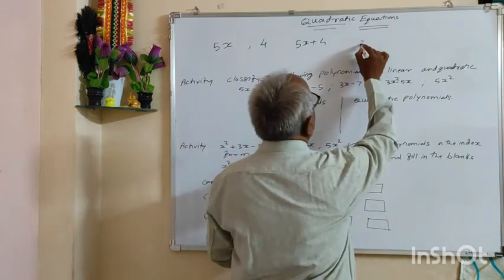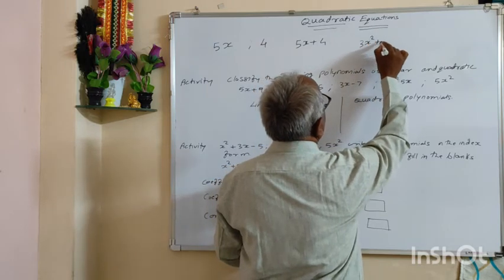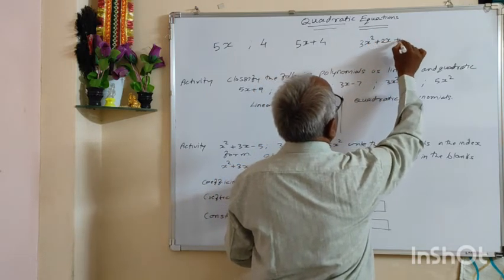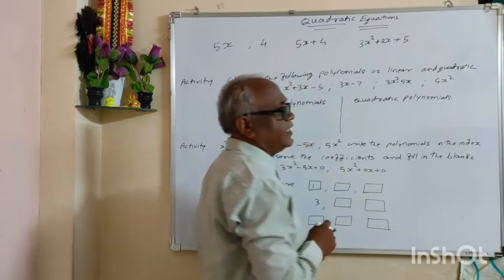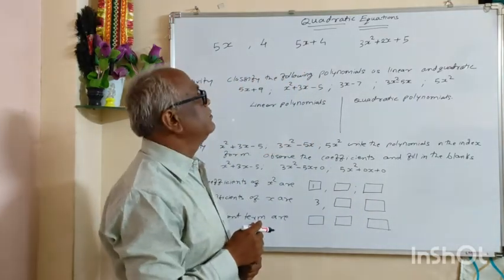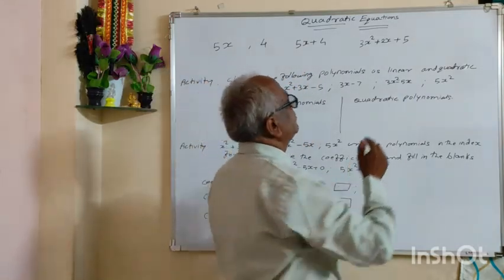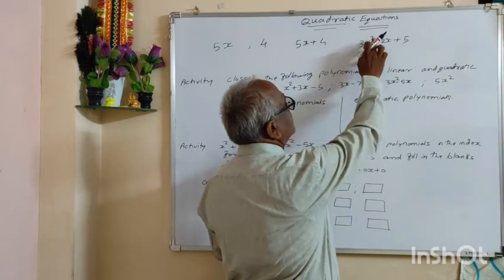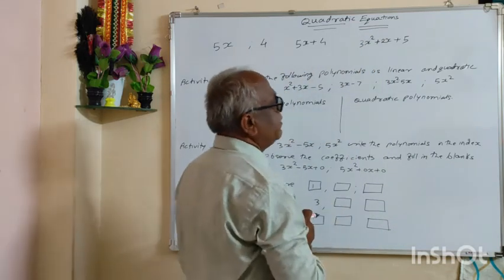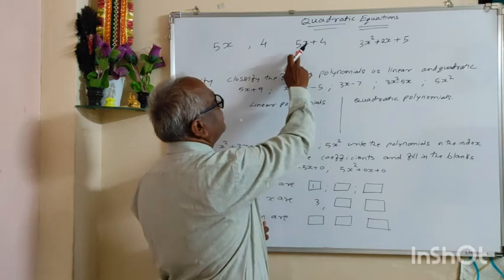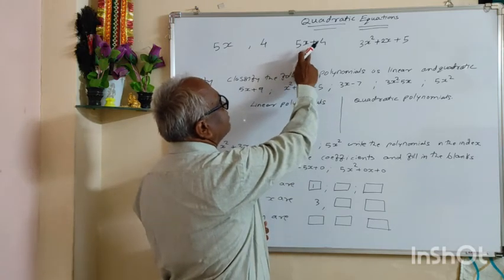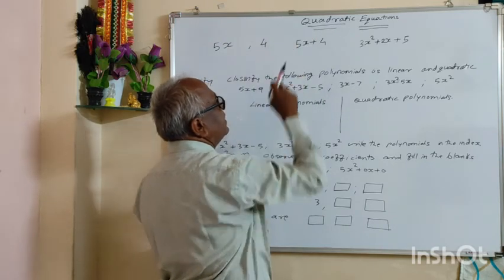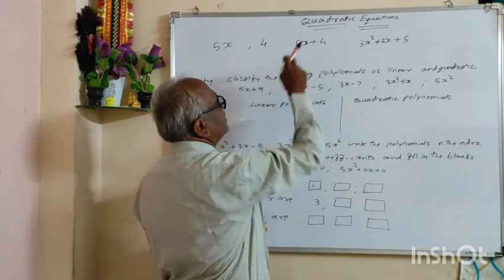Now 3x square plus 2x plus 5, if you write this, it has 3 terms, so it is a trinomial. Here the maximum degree of x is 2, and in the previous example 5x plus 4 the degree is 1, so it is a linear equation in one variable.